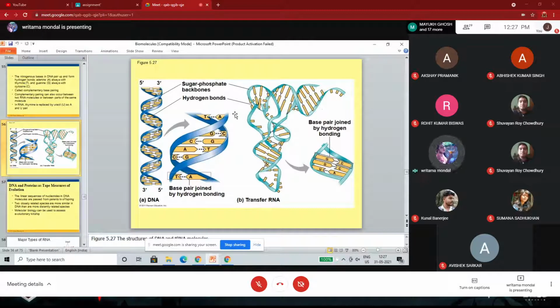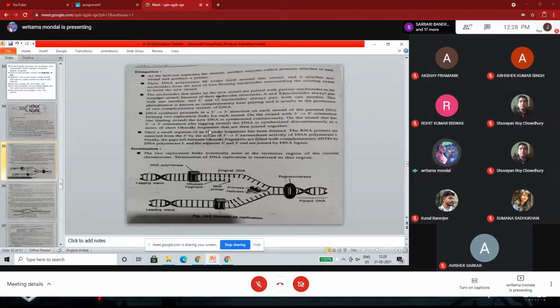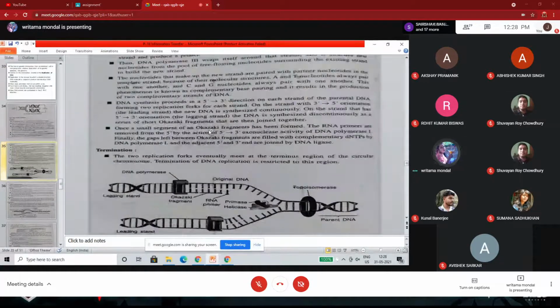But this is opposite. The leading strand will synthesize continuously, but the lagging strand can't, because it has a different 3' to 5' orientation. So it will synthesize like this. Many RNA primers are required to attach, like in the videos.